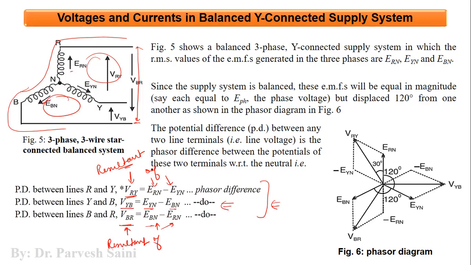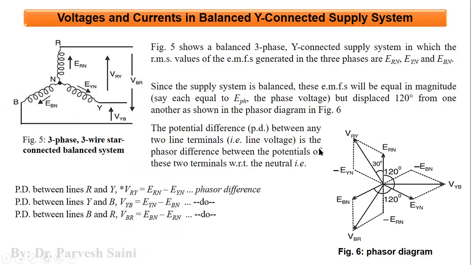Now, if we have to draw their phasor diagram, how will we draw? The phasor diagram is already shown here in figure number 6. But let us see how we would draw it. The first thing you will do is draw the phase voltages first.